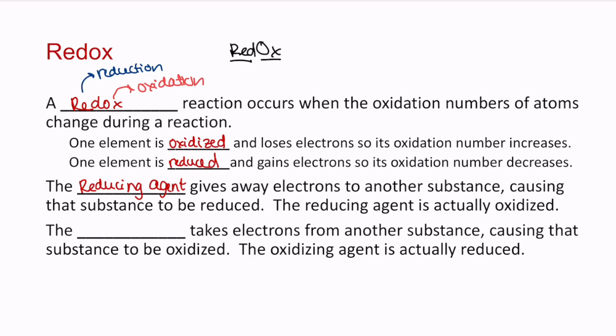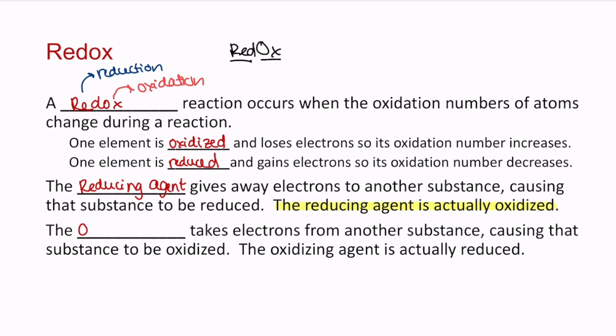And what that does is it causes the other substance to be reduced. Something you need to realize here is the reducing agent is actually oxidized. So the thing being oxidized is the reducing agent because it is losing electrons, which is causing the other substance to get reduced. So that's why it is the reducing agent.